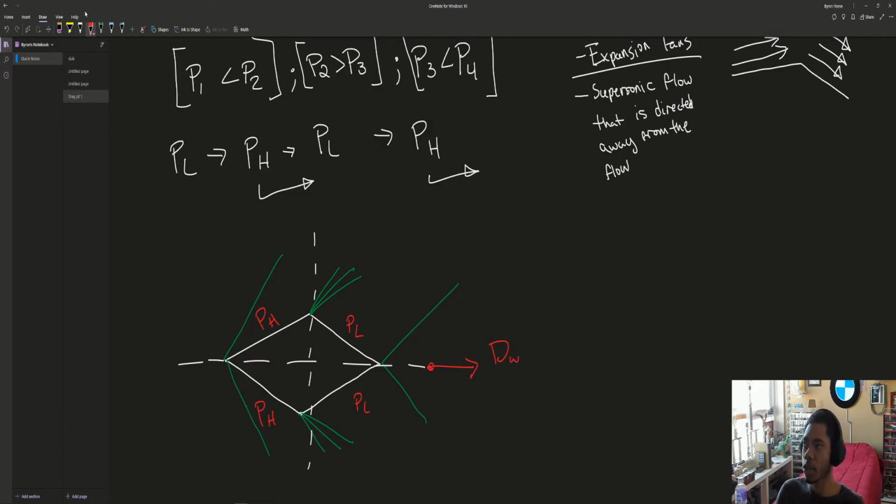So that's what we're getting in terms of shockwaves creating drag: one, dissipating the total amount of energy you have in your system, and two, pressure gradients due to deflections onto the body surface.